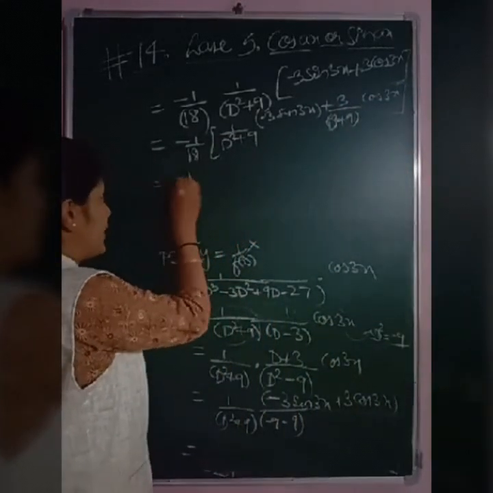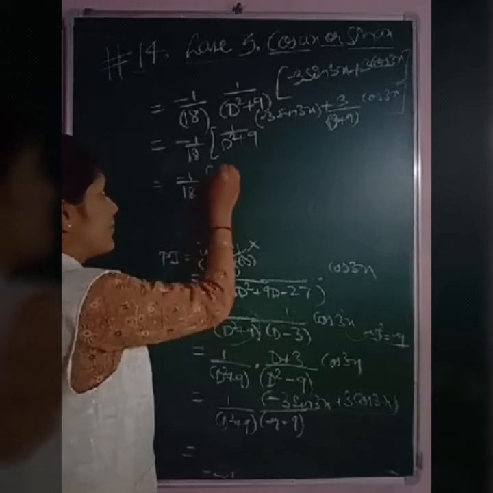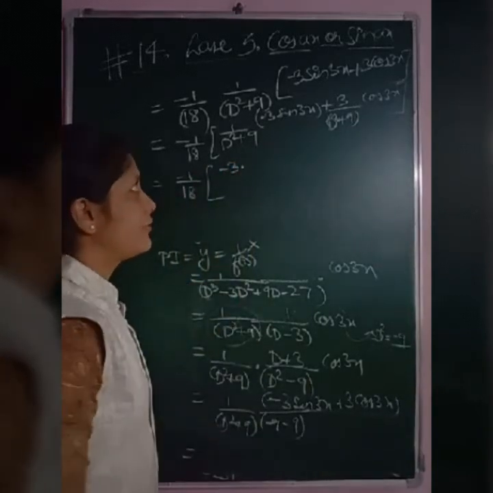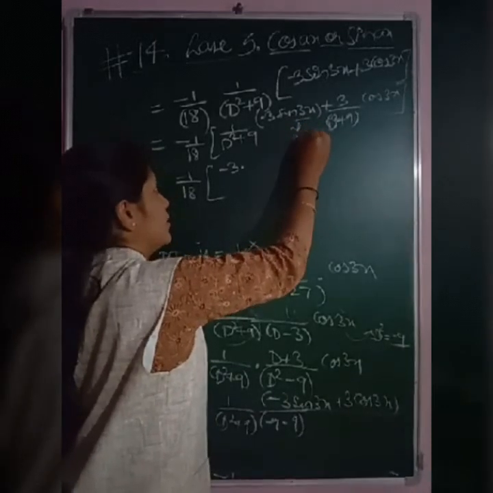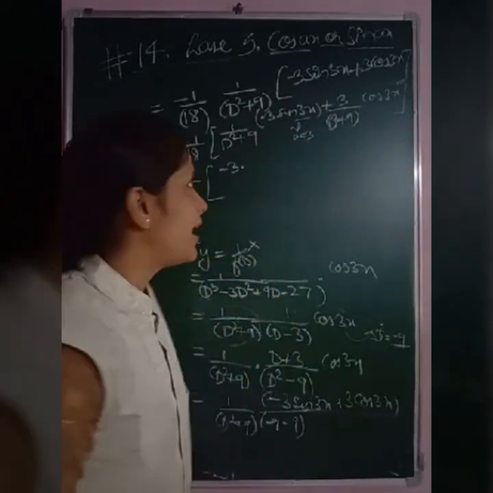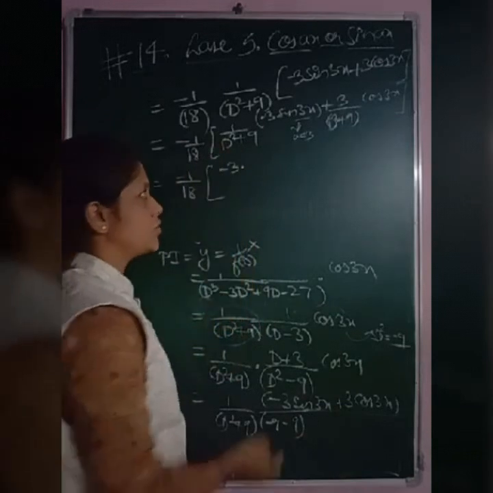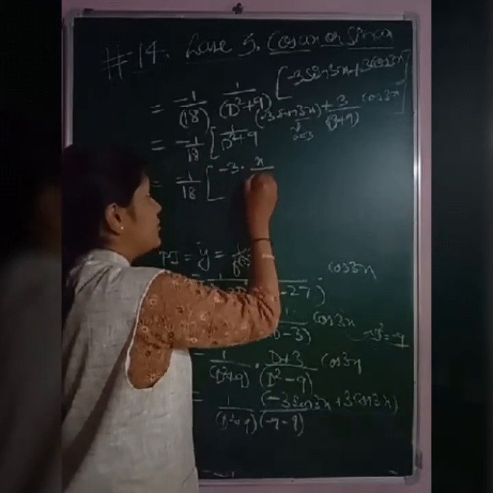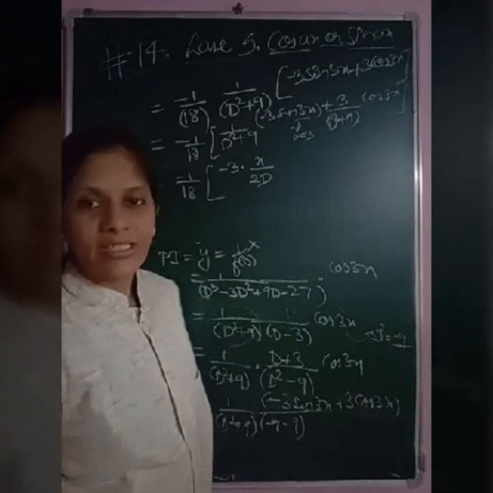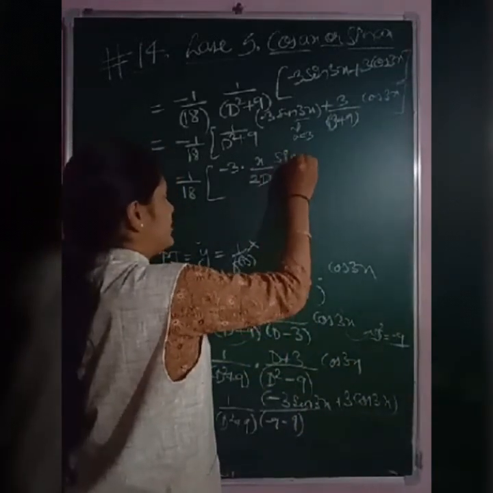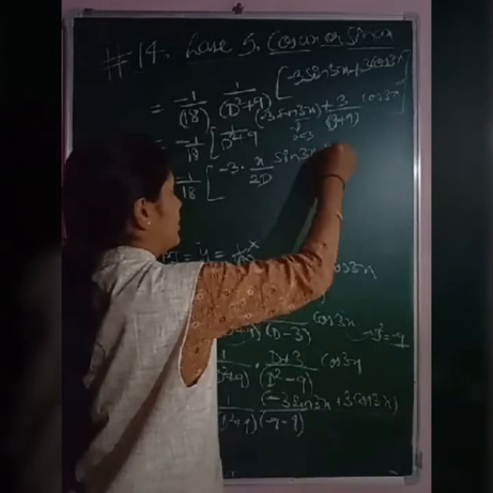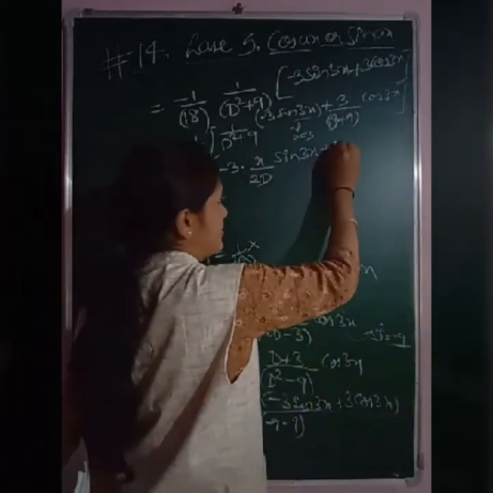So minus 1 by 18 as it is, minus 3 as it is. Now what is a here? 3. So D square equal to minus 9, right? So you are getting 0. So multiply by x, differentiate the denominator. What is differentiation of D square plus 9? 2D, sin 3x as it is plus 3 as it is.